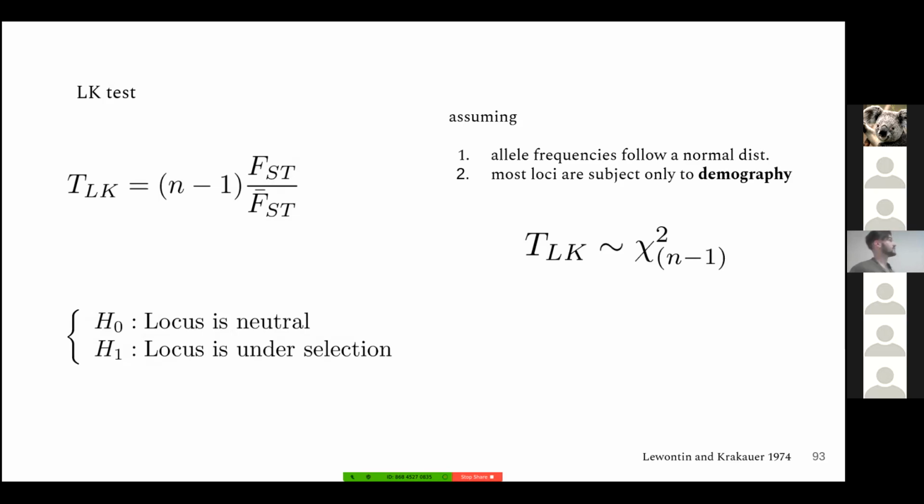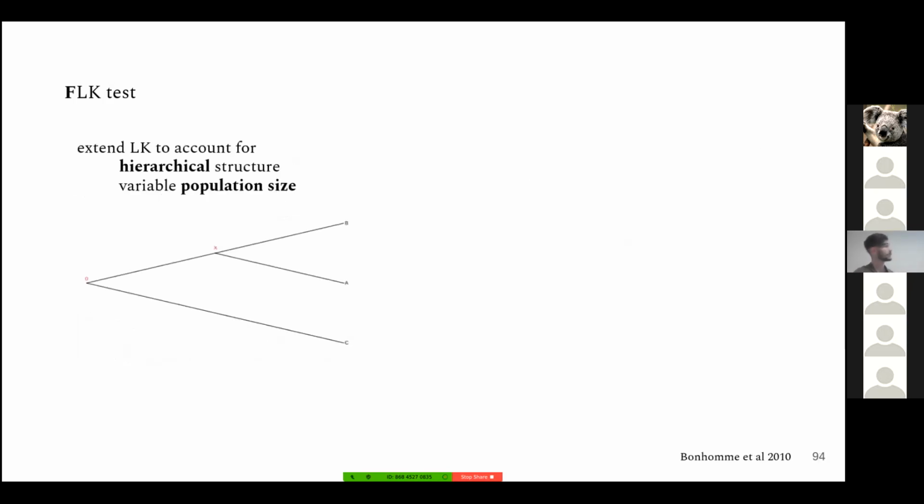But the LK statistic was heavily criticized when it came out. Among other reasons, it could not correctly handle tree-like populations, and it would give inflated values for populations that had been under bottlenecks. So in 2010, Bonhomme et al. developed the FLK test, which extends the LK test to account for the hierarchical structure of populations and the variability of population size.